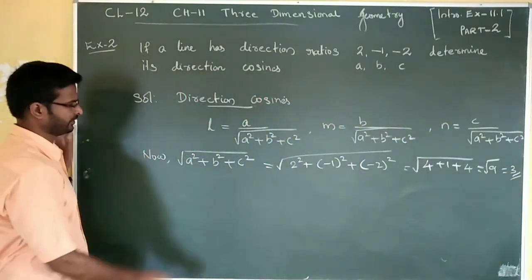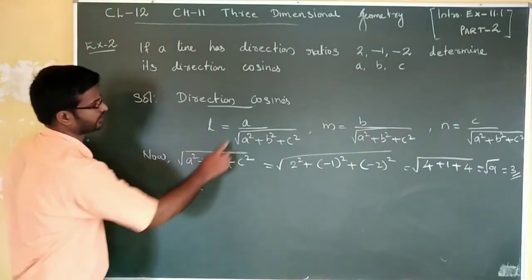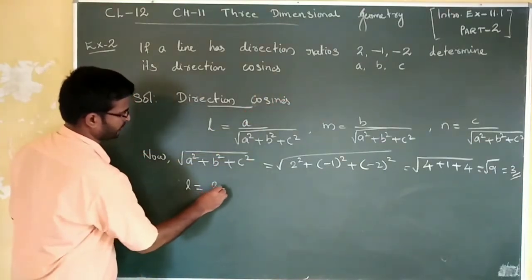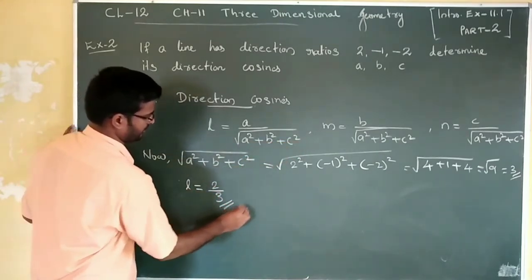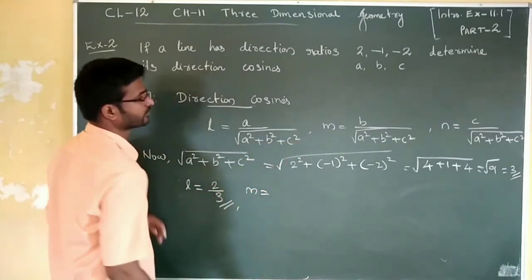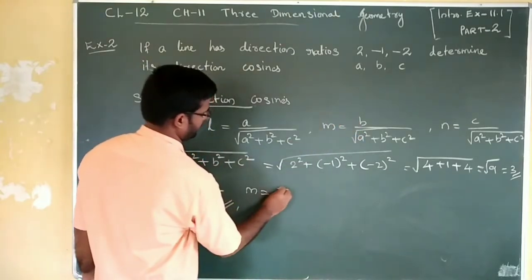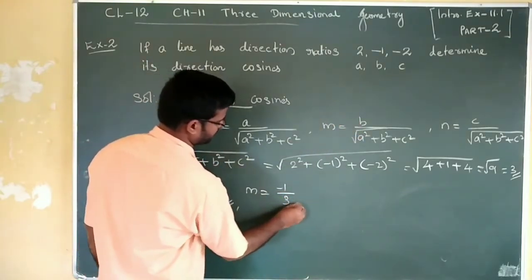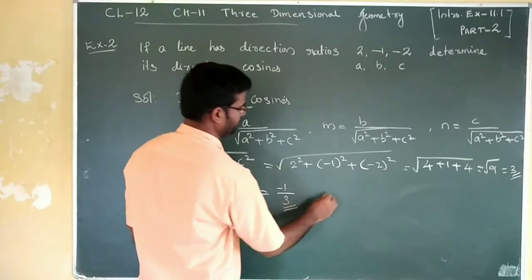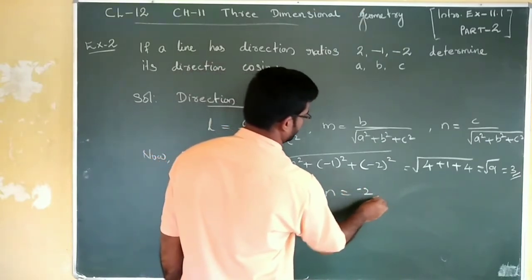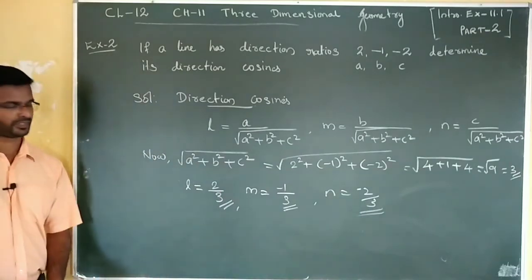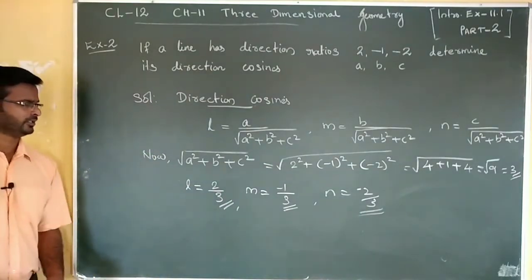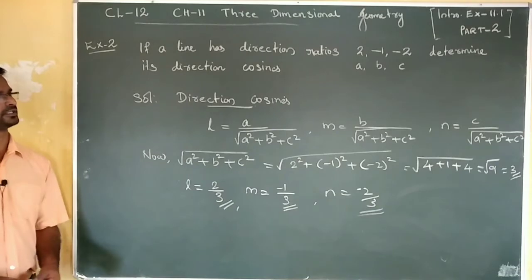Denominator we got 3. l equal to a, first number 2, divided by 3. And m equal to b, minus 1 divided by 3. Then n equal to minus 2 divided by 3. These are the direction cosines. Just pause the video, write down in your notebook.